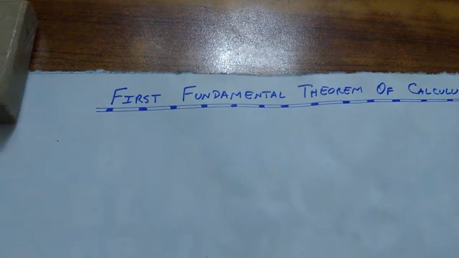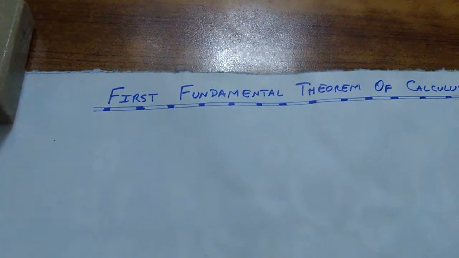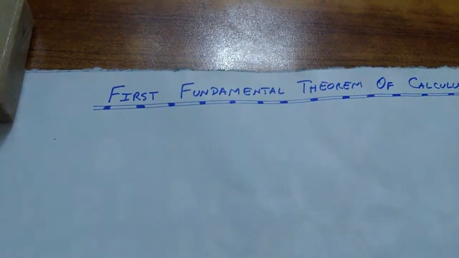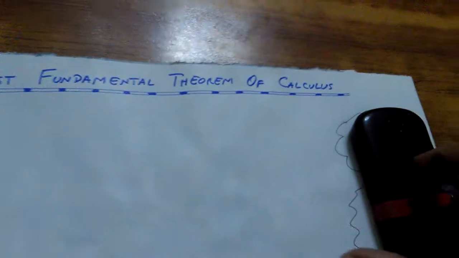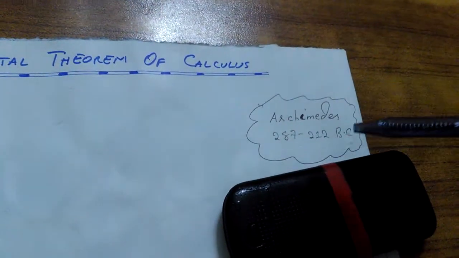the concept of the definite integral was already presented by the ancient Greeks, principally Archimedes, about 2000 years ago.